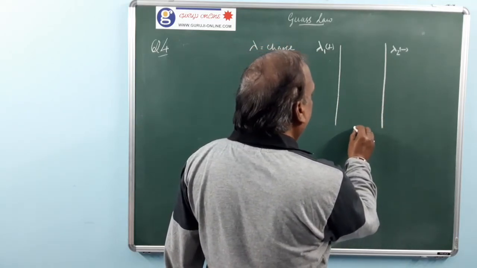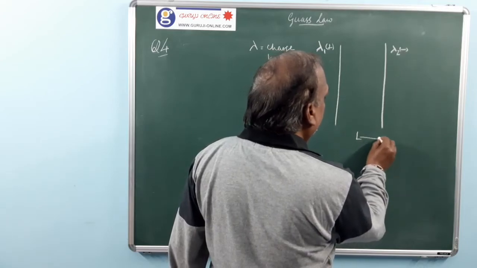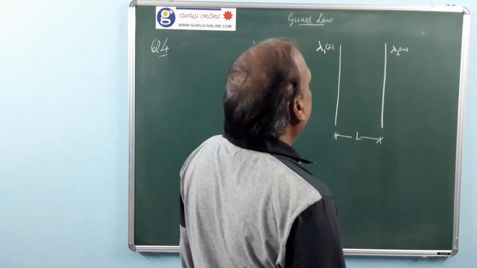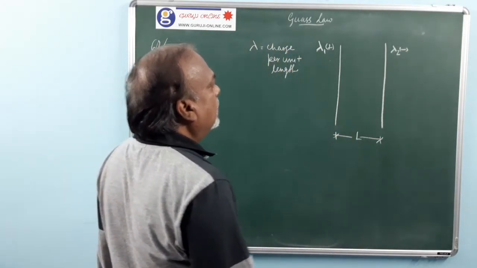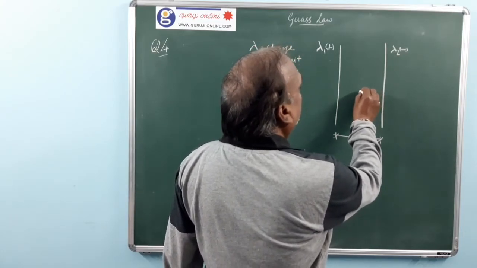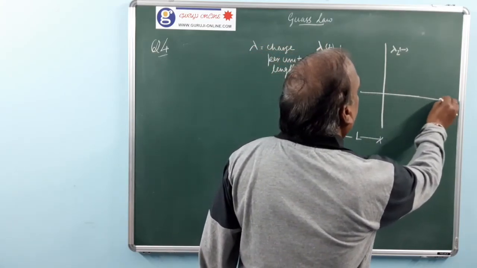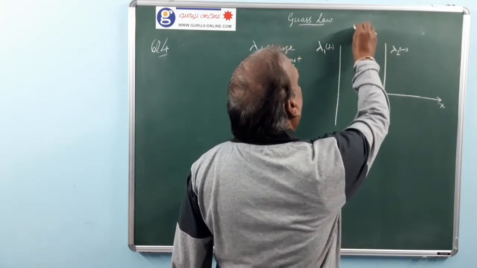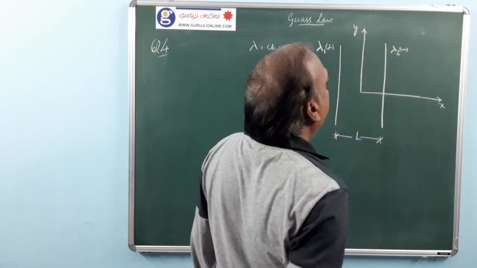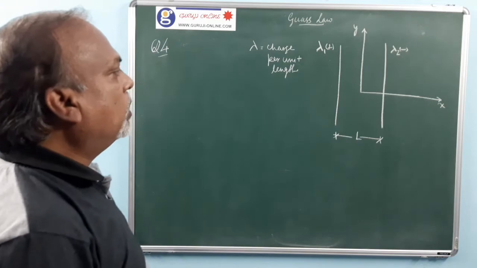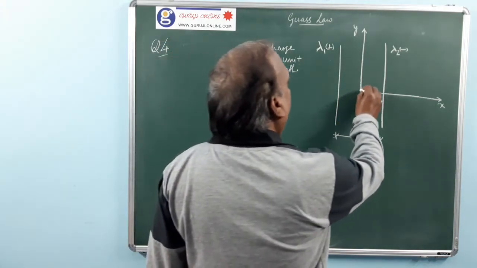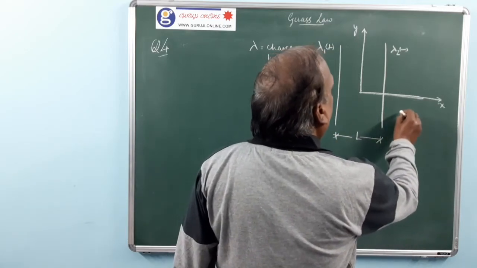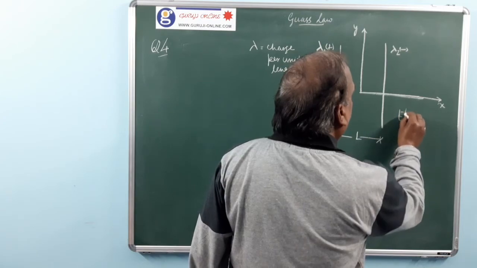Suppose this is L, this is the origin. We have to find out where on this x-axis the electric field will be 0.